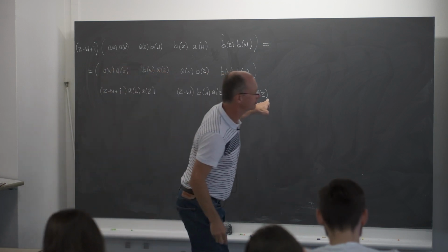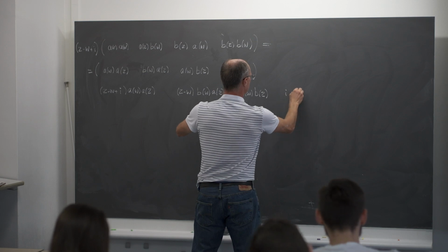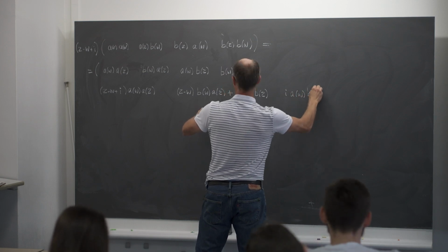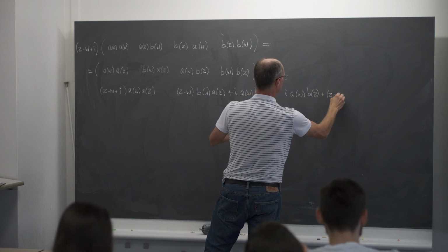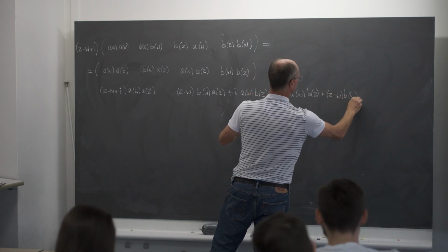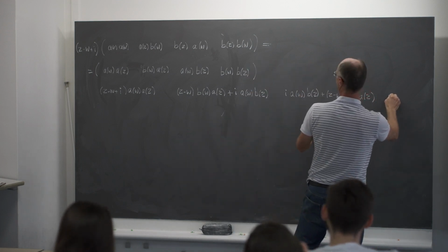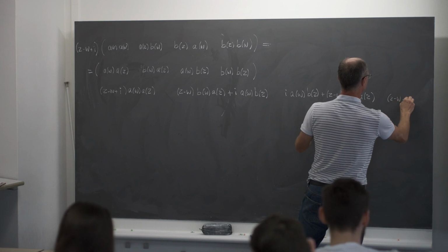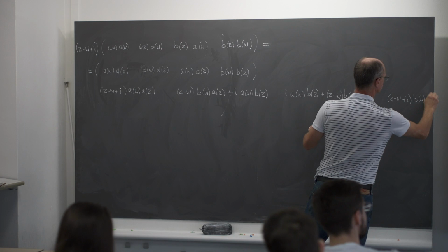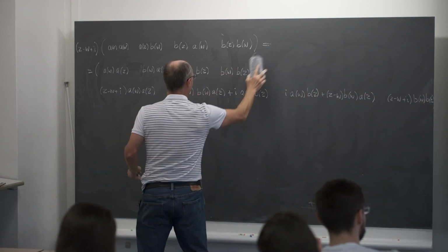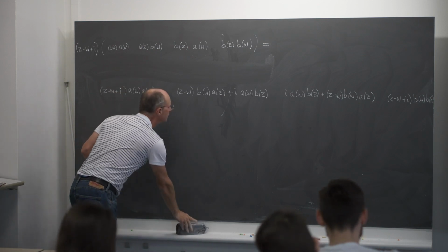So the next entry becomes I, A of W, B of Z, plus Z minus W, B of W, A of Z. And the last one is Z minus W plus I, B of W, B of Z. So in fact now I should erase this one, right?